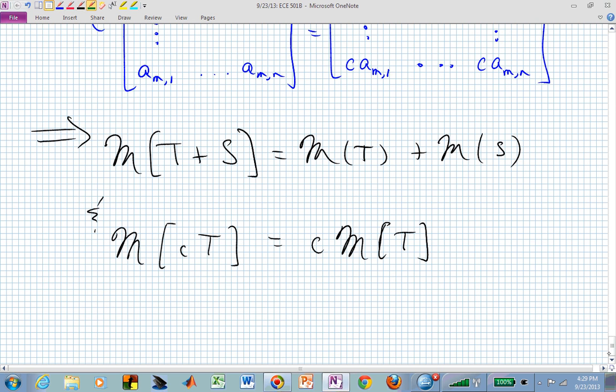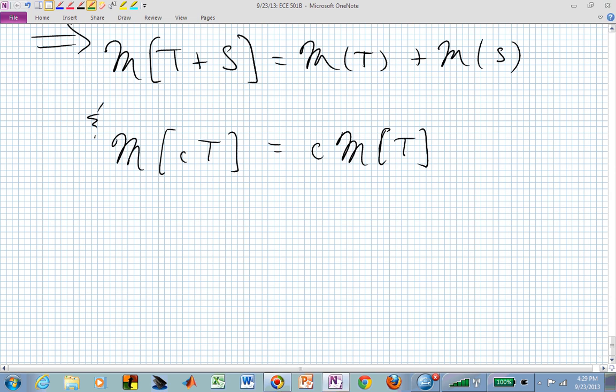We've been worrying a lot with things being closed. Yes, our doors are closed, so we're in pretty good shape. But here we want these operations to be closed, meaning matrix addition is a closed operation and scalar multiplication is closed, meaning we get back into the same field that we started with, or vector space that we started with.